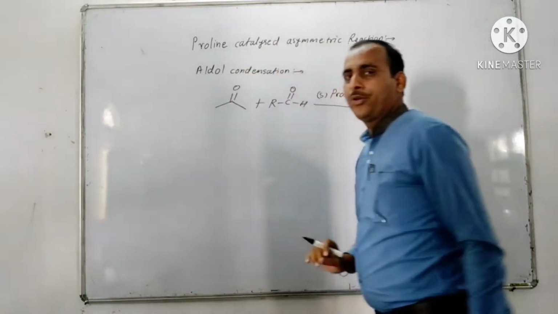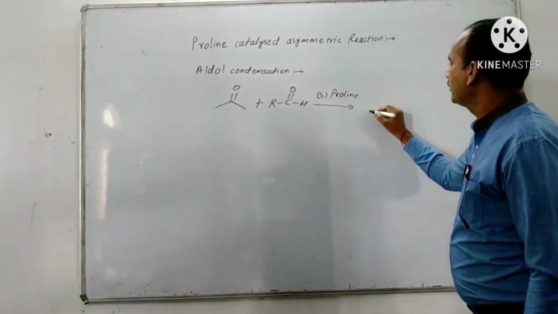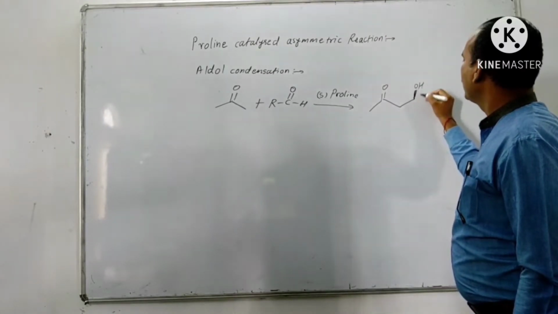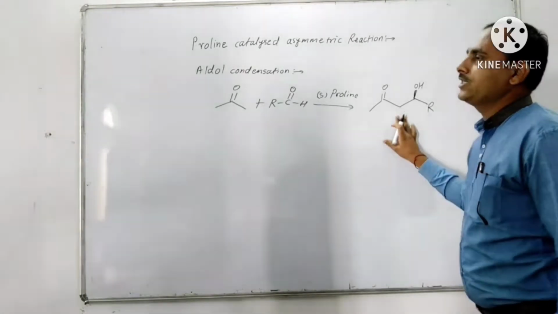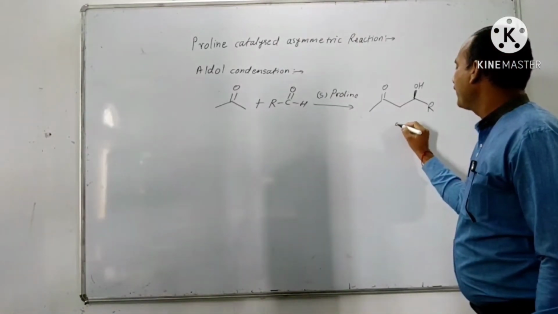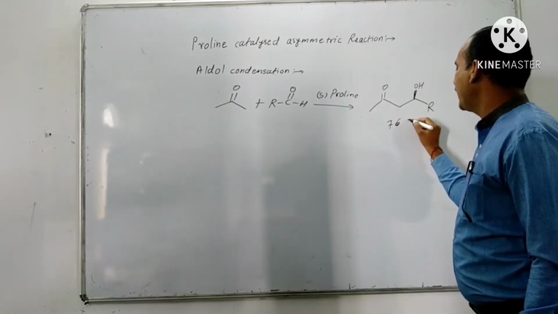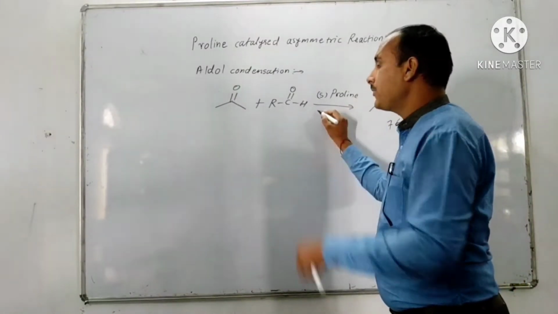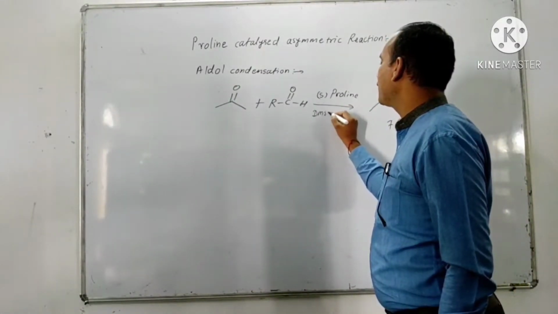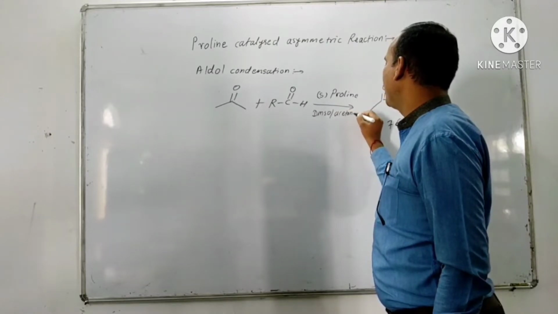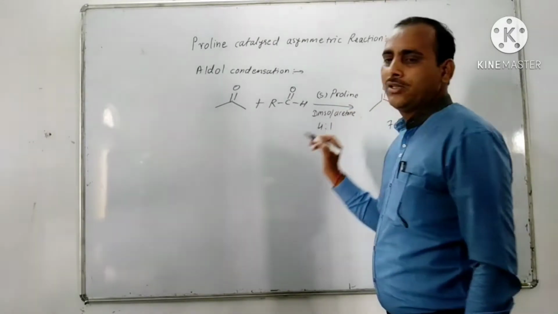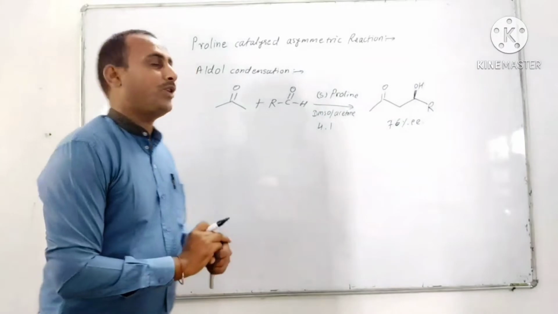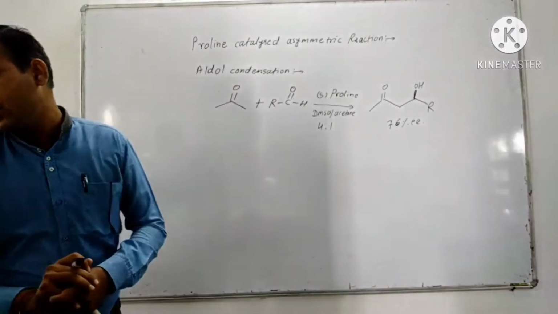In the presence of S-proline, it gives this product as the major product, with 76% enantiomeric excess, in DMSO and acetone as solvent in a 4:1 ratio.